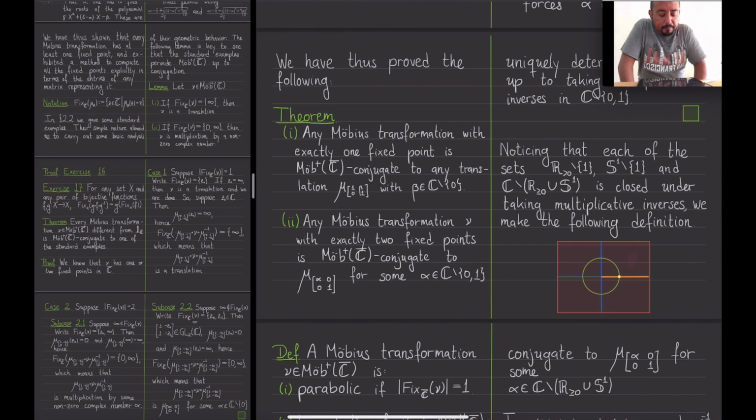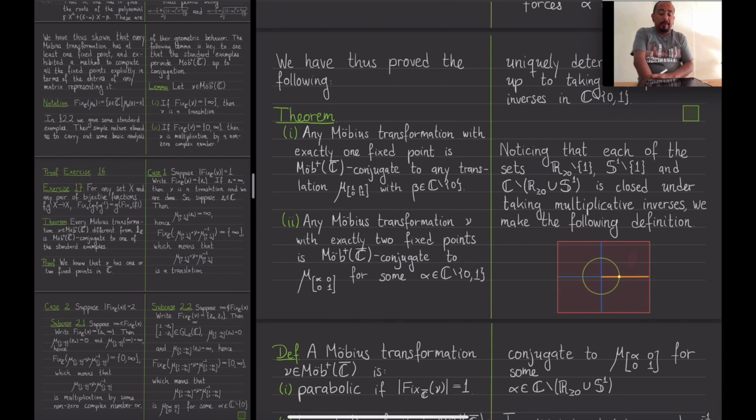Okay, but so you see here I have the picture for all the possible values of alpha. I mean, alpha positive, different from 1, alpha in the circle, different from 1, and the rest.